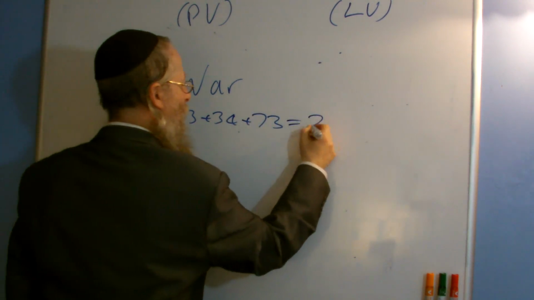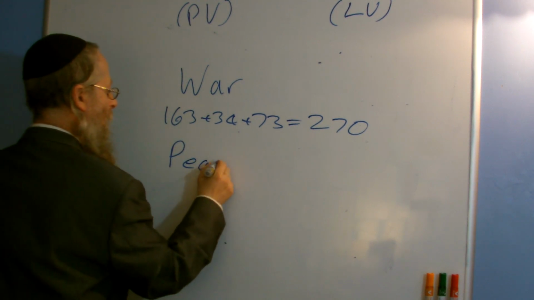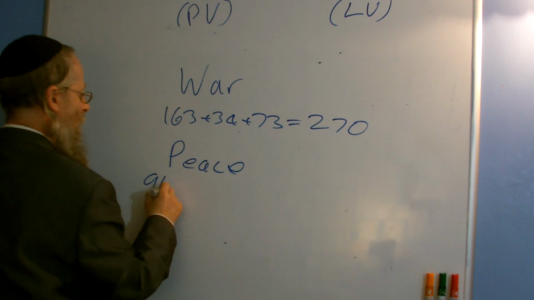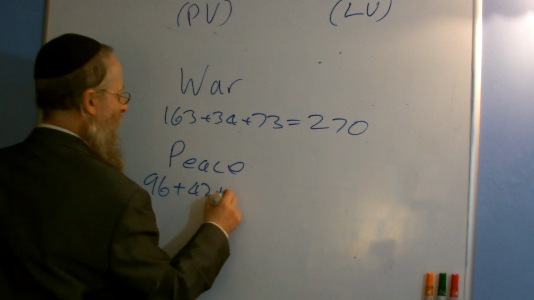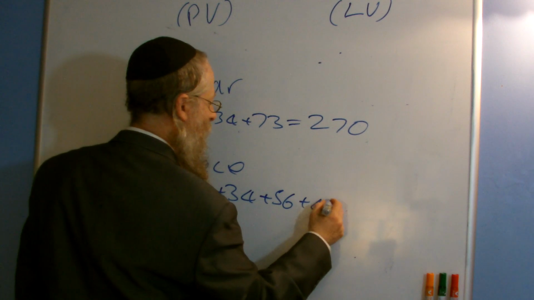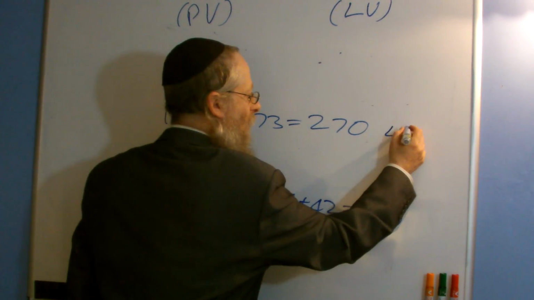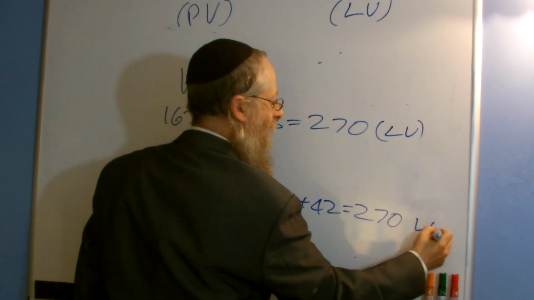If you add those together, you get 270. If you do the same thing for peace, you get 96 plus 42 plus 34 plus 56 plus 42. We get 270. So then I put LV to show that it's the large value.